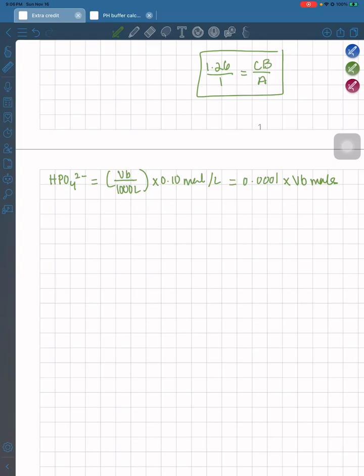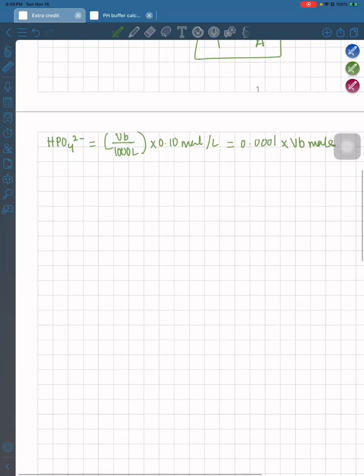Now, from the ratio, we've already derived the fact that our moles of conjugate base over moles of acid is equal to 1.2589.